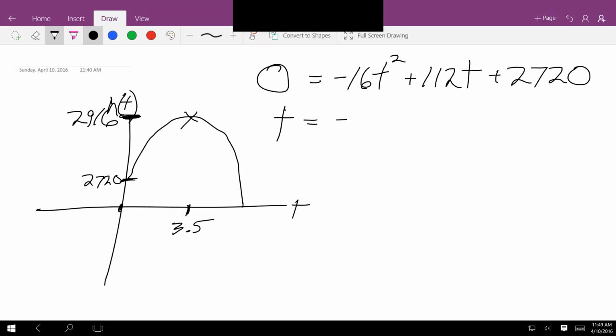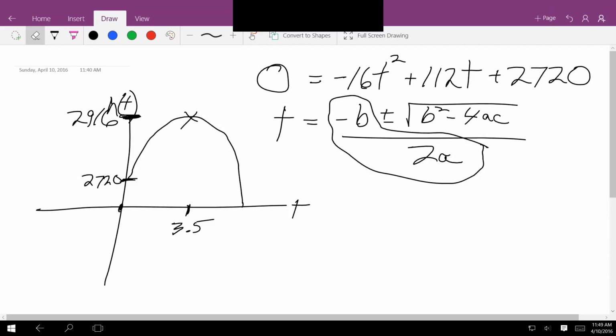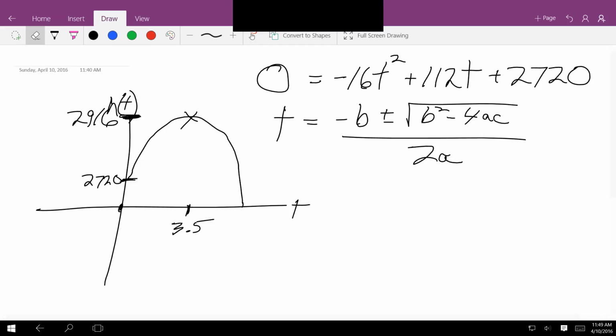Minus or opposite of b plus or minus the square root of b squared minus 4ac, over 2a. Yeah. And when I said the vertex was the first half, that's what I meant. Okay. Just to make it easier to remember either one of them.